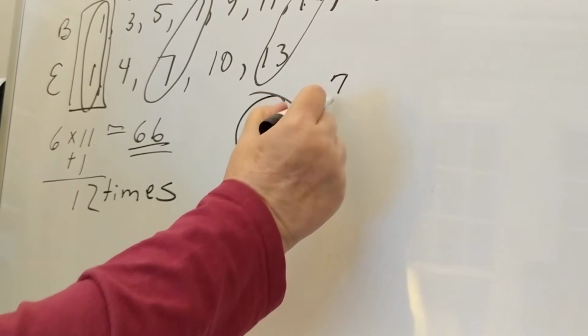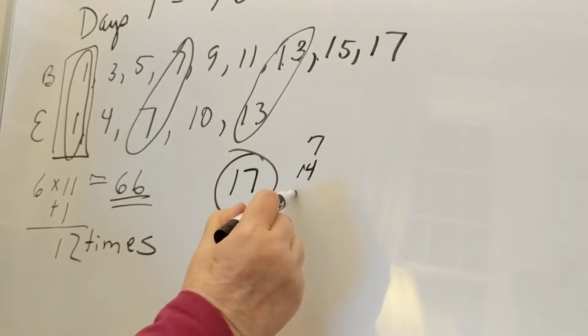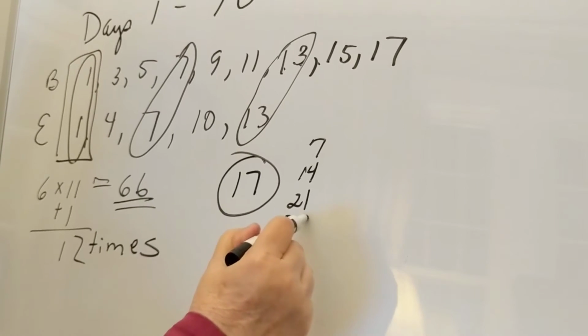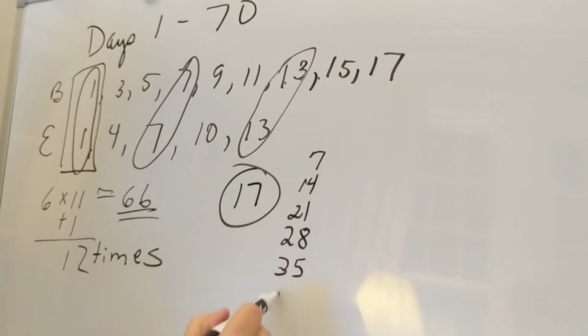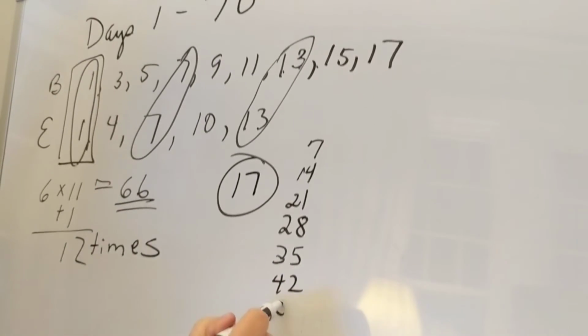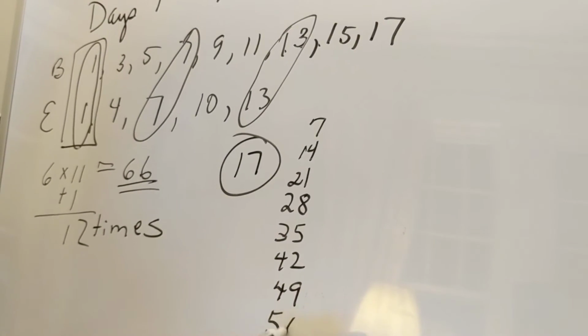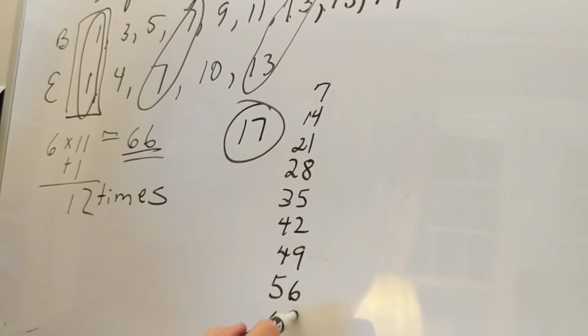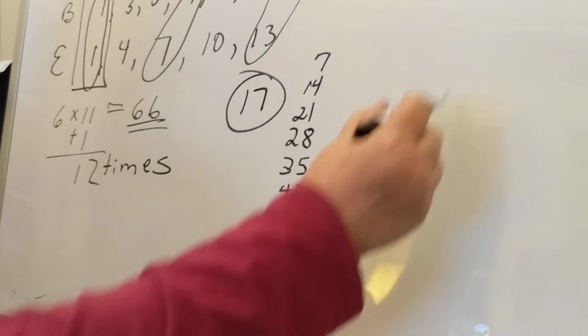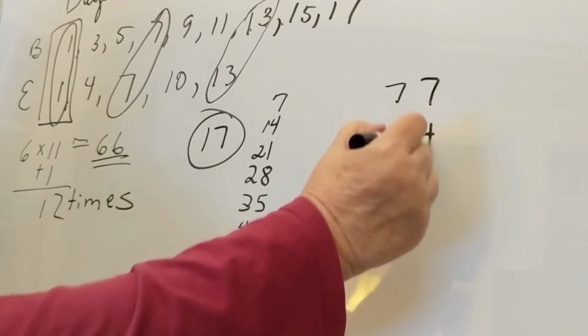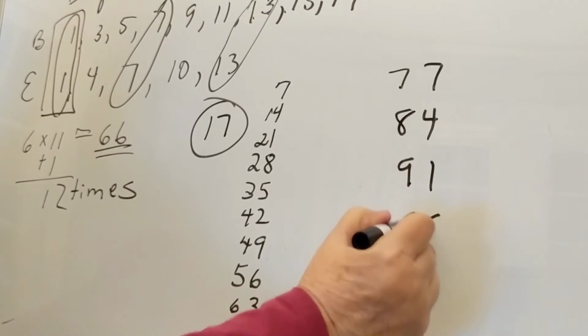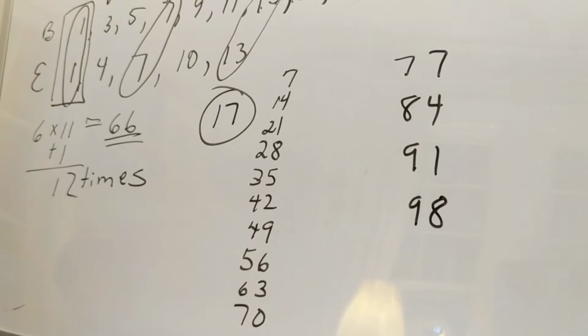So that means that it's either 7, 14, 21, 28, 35, 42, 49, 56, 63, 70, 77, 84, 91, and 98. Alright, so it's one of those 14 numbers.